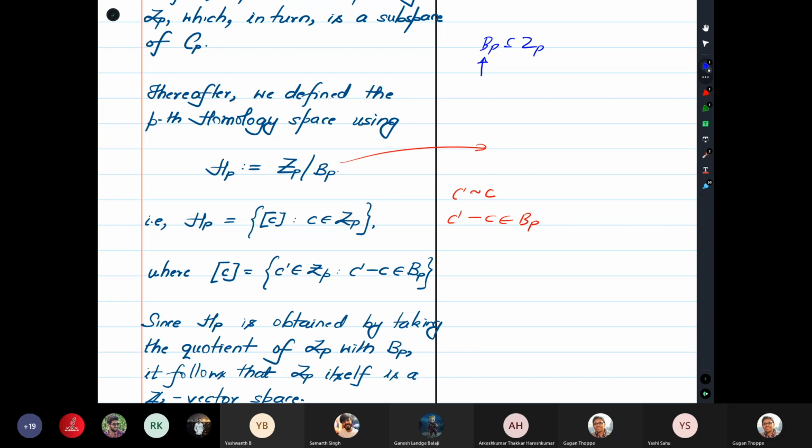However, those p cycles are uninteresting because they come from the boundary of p+1 chains, or because the ∂_{p+1} operator is applied on the p+1 chains. They are uninteresting because in some sense they characterize the filled cycles. So we want to somehow ignore this subset in Z_p, and the way to ignore this is to set every element in B_p to 0.